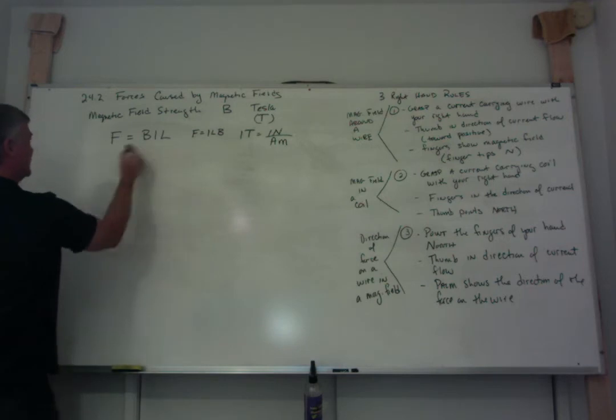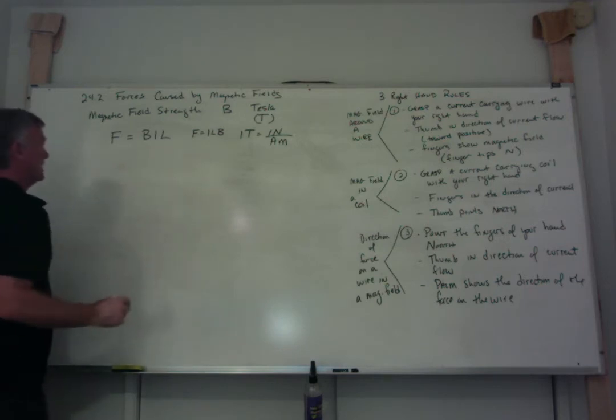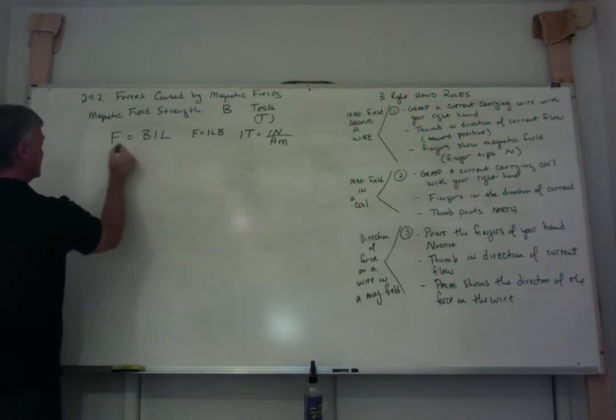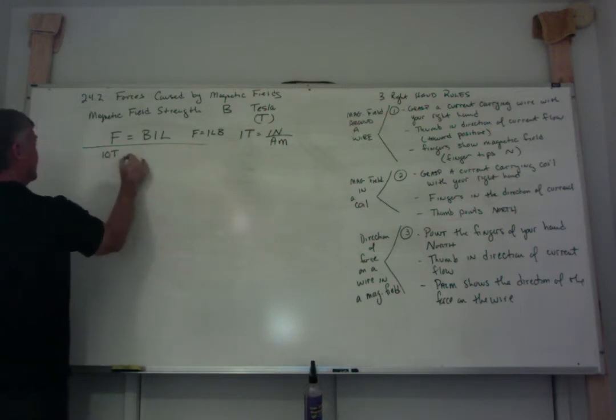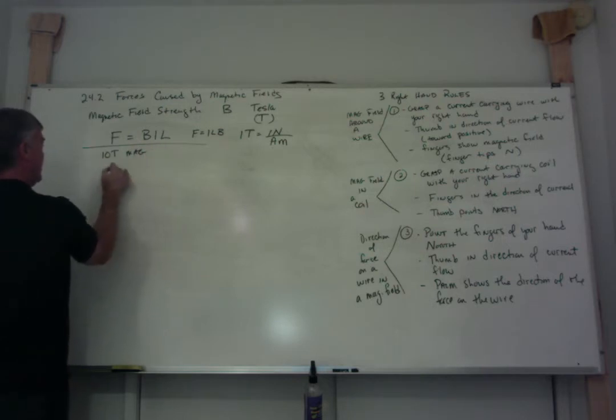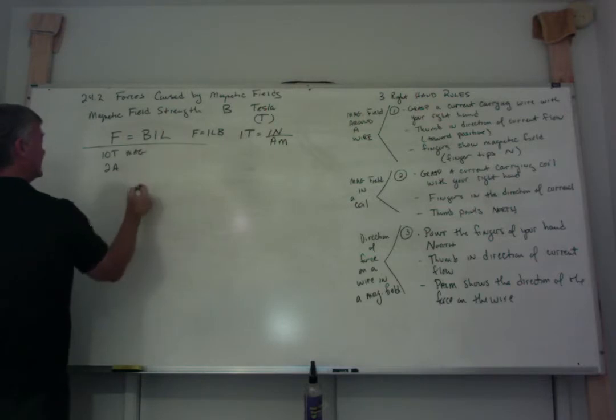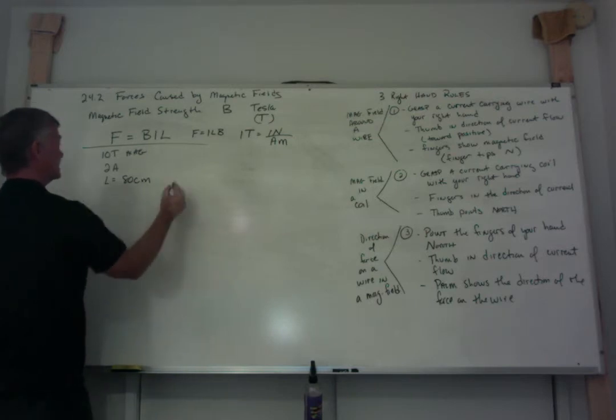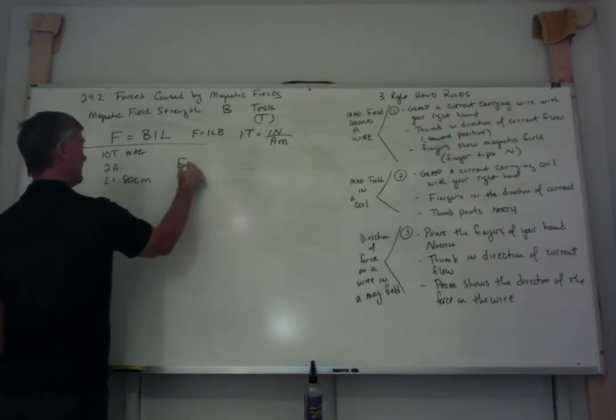And because of that, we can rearrange this any way you want to. But let's just do a simple problem. You have a 10 Tesla magnetic field, and you have a current of 2 amps and a length of 80 centimeters. And the question is, what is the force on that wire?